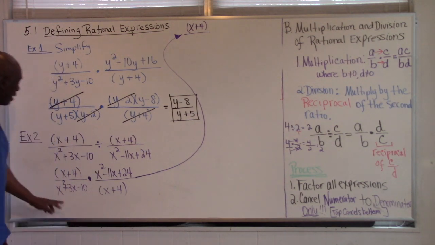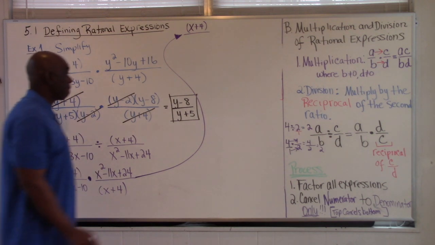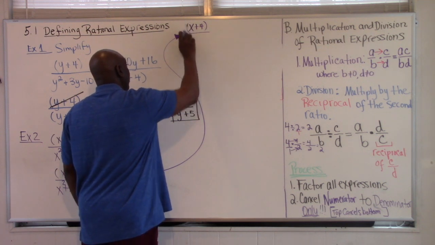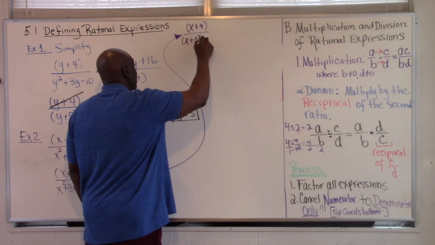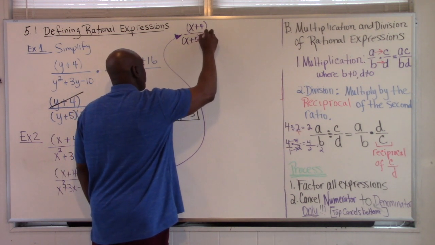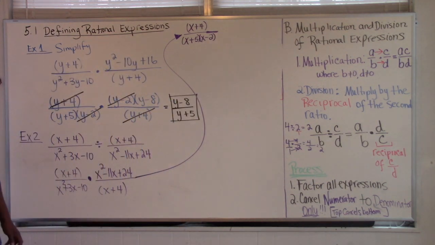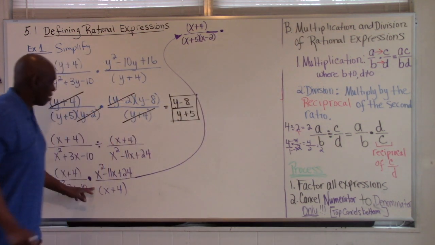Divided by, we have to factor. Two terms that multiply to negative 10, add up to positive 3, should look familiar to you. We're going to go x plus 5 times x minus 2, times.